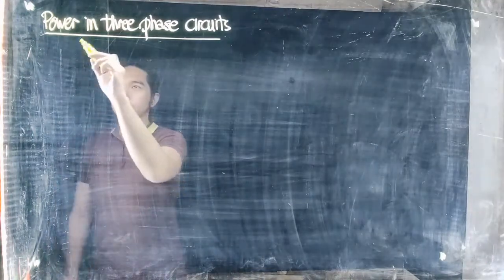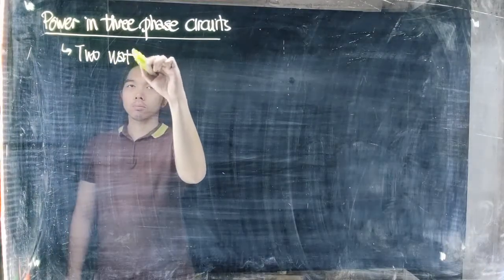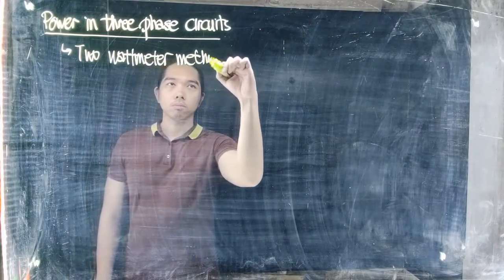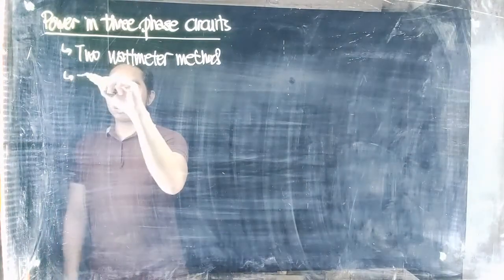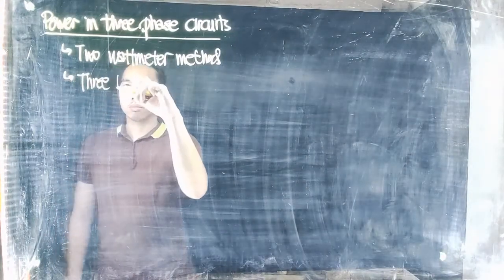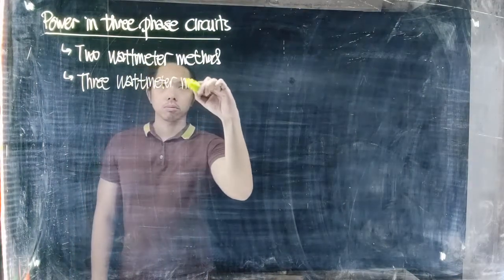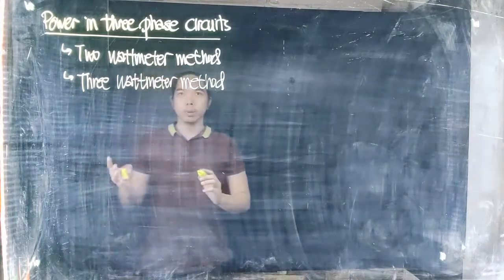The first one is the 2 watt-meter method, and the other one is the 3 watt-meter method. So what is the difference between the two?